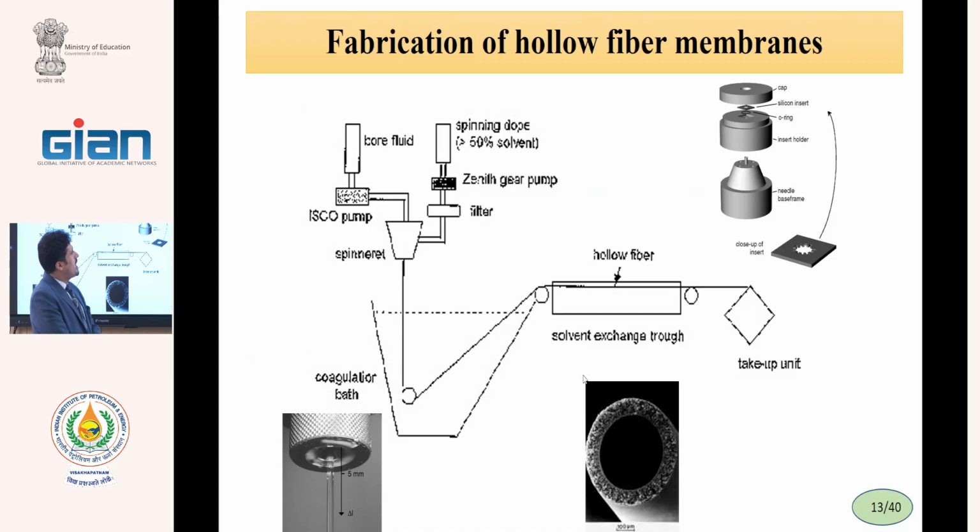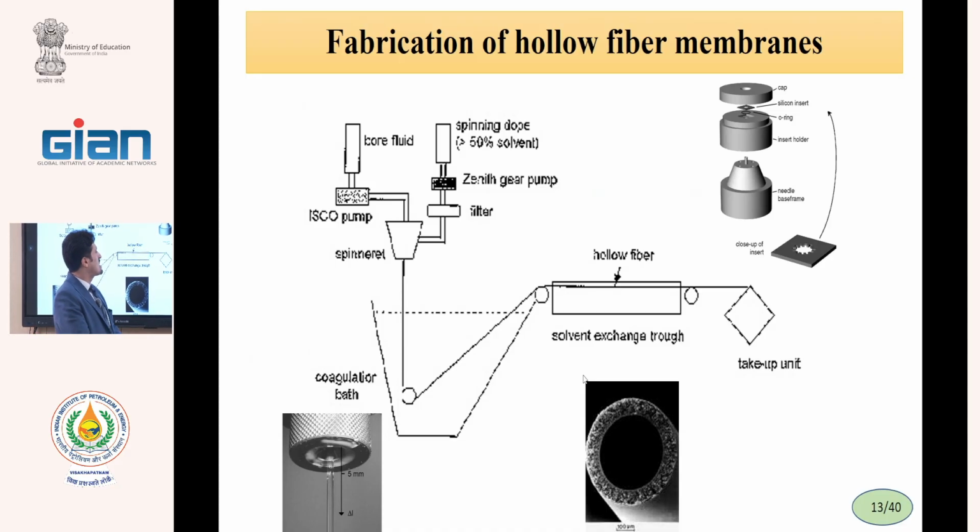In the fabrication of hollow fiber membranes, instead of applicator in flat sheet, we have a spinneret. A spinneret acts as an applicator, or blade, in flat sheet. In spinneret, this is the actual picture.